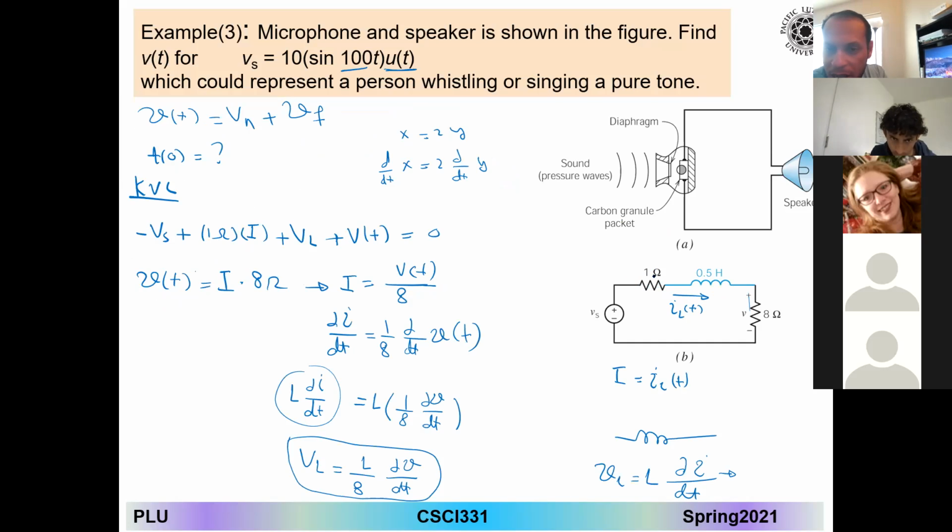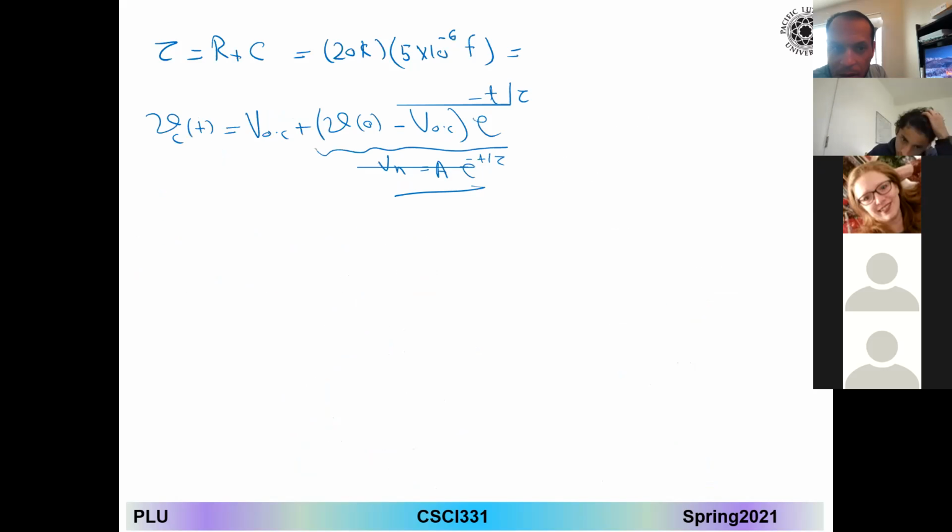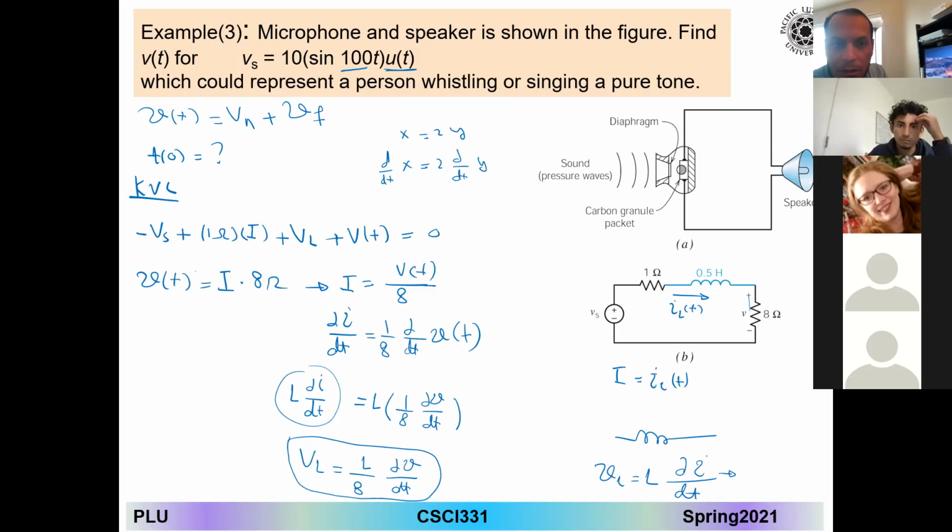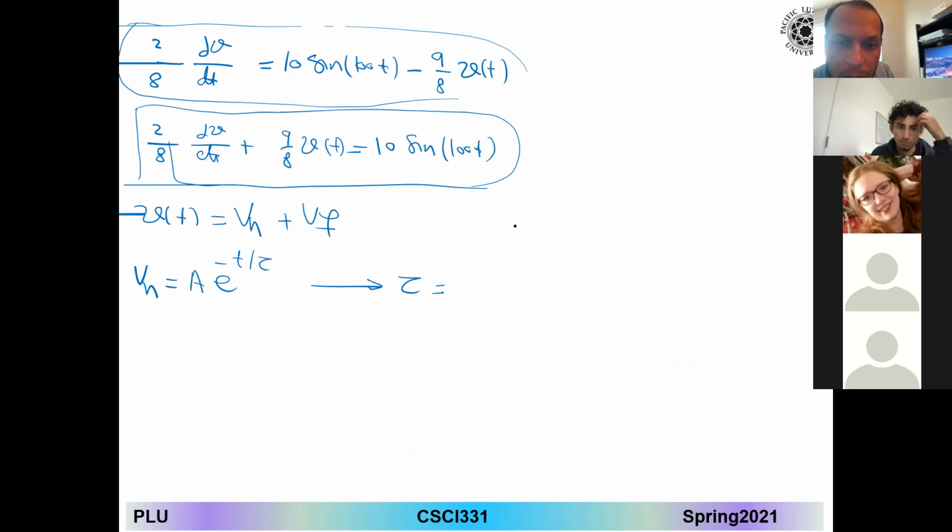How much is that R? Tau, this is the formula: L divided by RT. With two resistors in series, I have 1 plus 8 ohms, which gives 1/18.